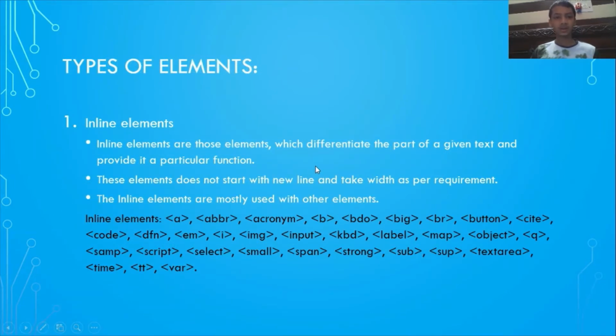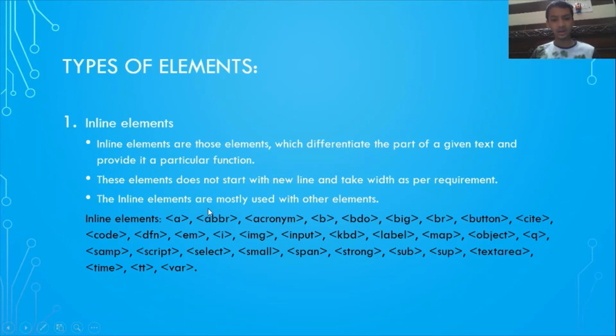There are two types of elements. So let me tell you. The two types of elements are inline elements and block elements. Inline elements are those elements which differentiate the part of a given text and provide it a particular function. These elements do not start with a new line and take width as per requirement.